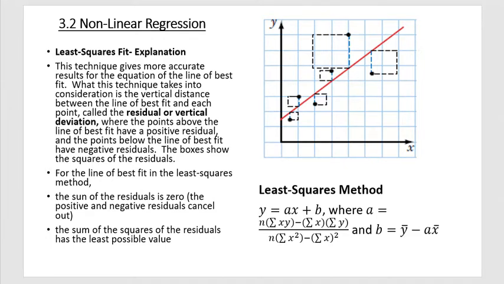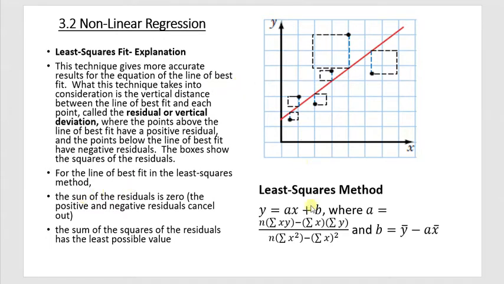For the line of best fit in the least squares method, the sum of the residuals is 0. The positive and negative residuals cancel out, and the sum of the squares of the residuals has the least possible value.